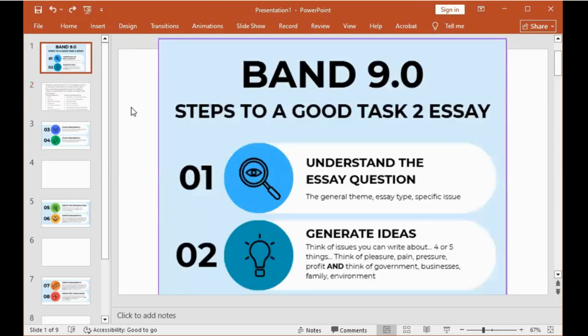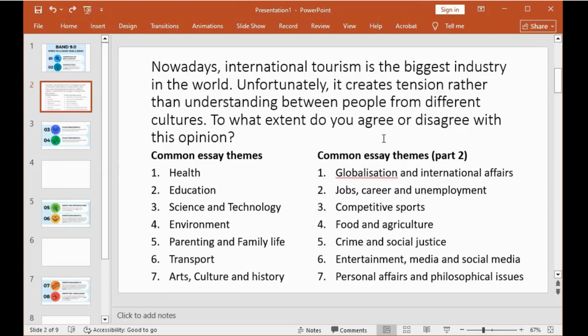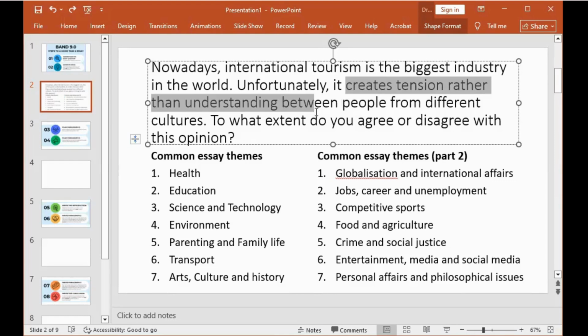Let me show you that slide again. What is the specific issue? International tourism creates tension and misunderstanding between people from different cultures. So they are asking you, do you agree that international tourism creates tension between people from different cultures? If you say yes, I agree, then your essay should focus on how it creates tension.